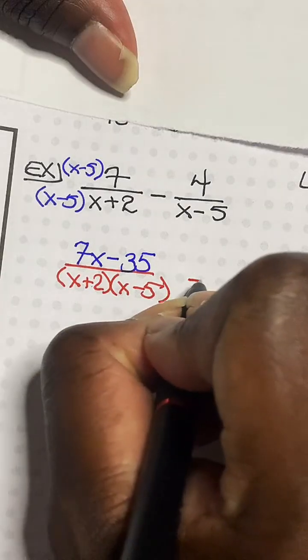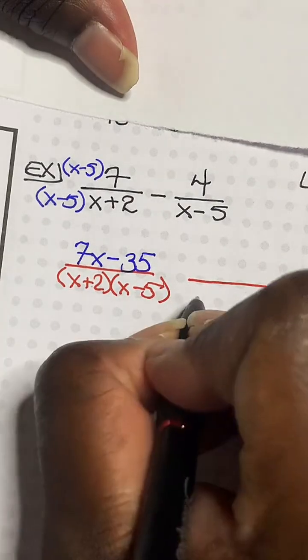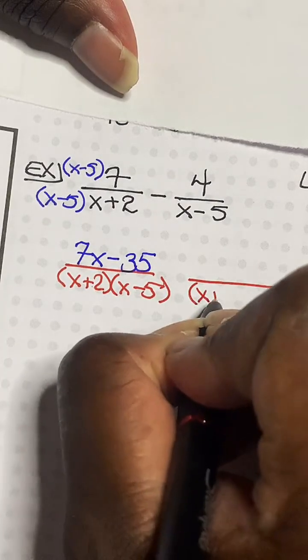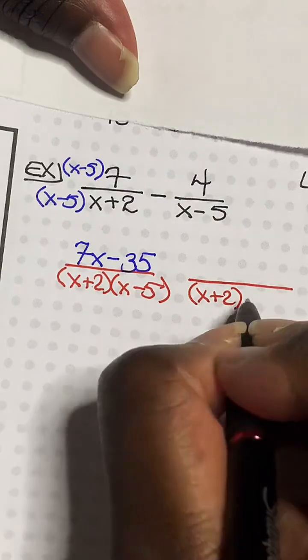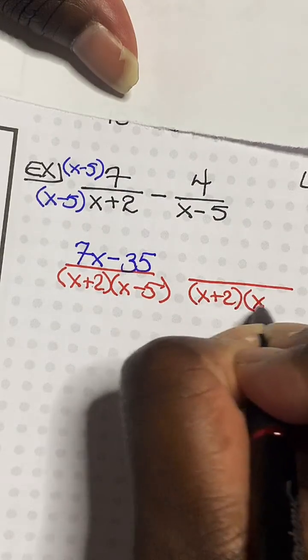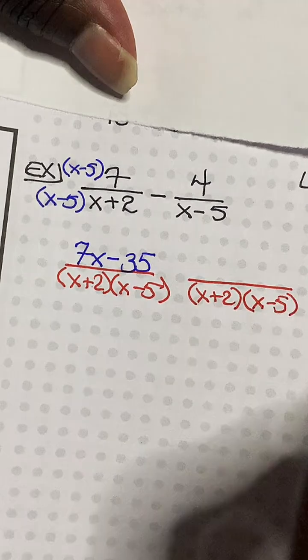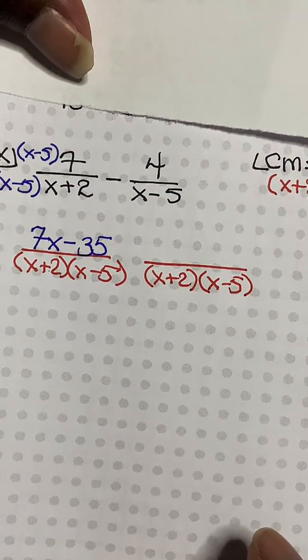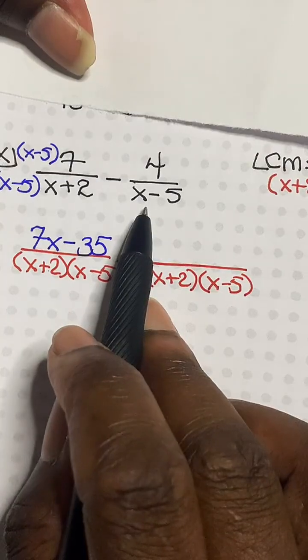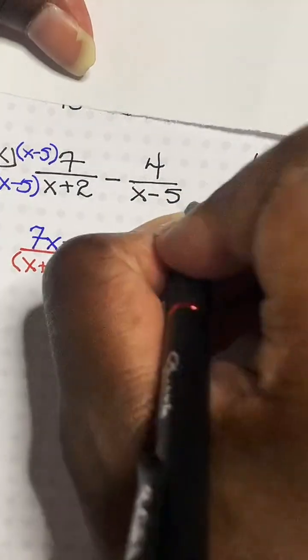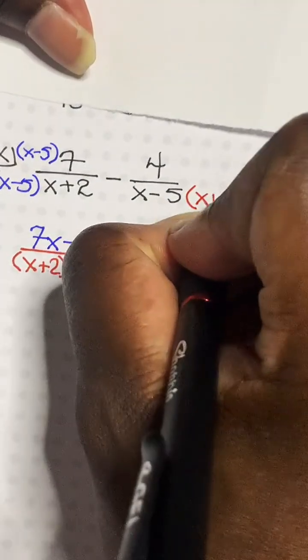For my next ratio, again, we want it to be x plus 2 and x minus 5. But this time, they have the x minus 5. What's missing? The x plus 2.